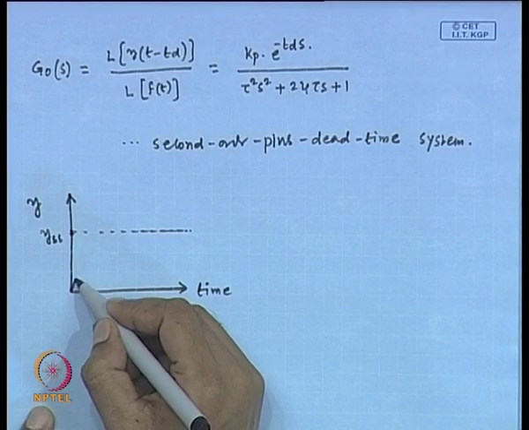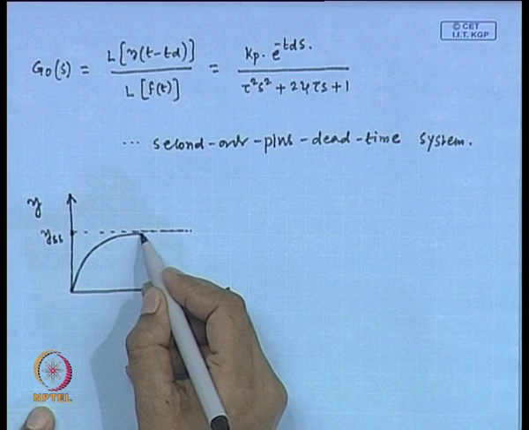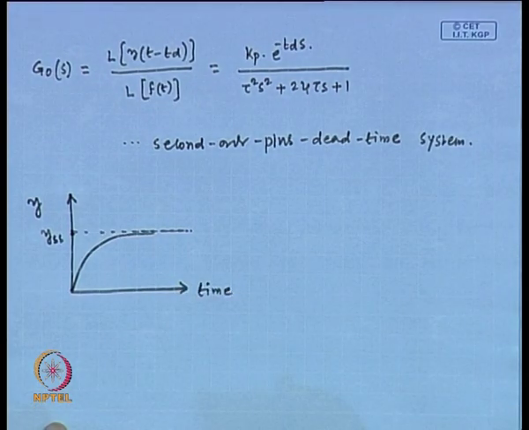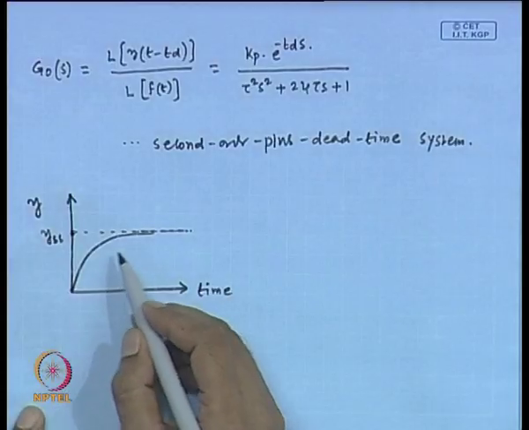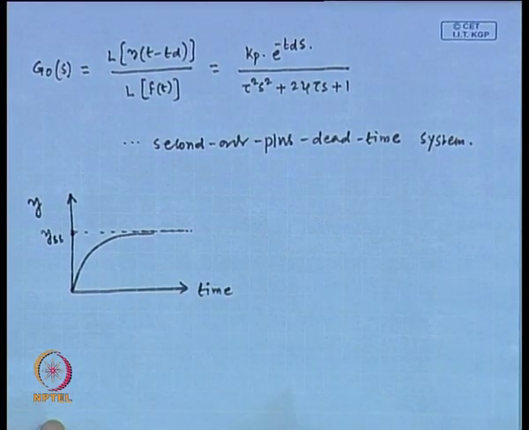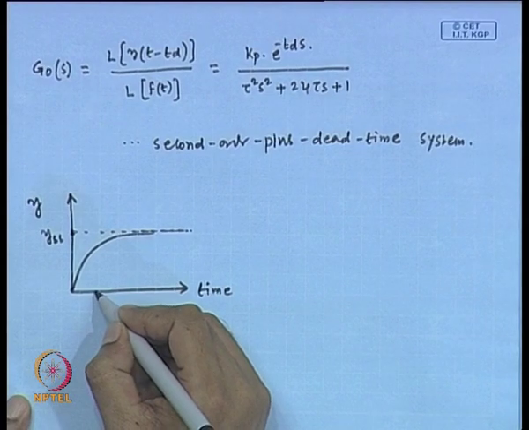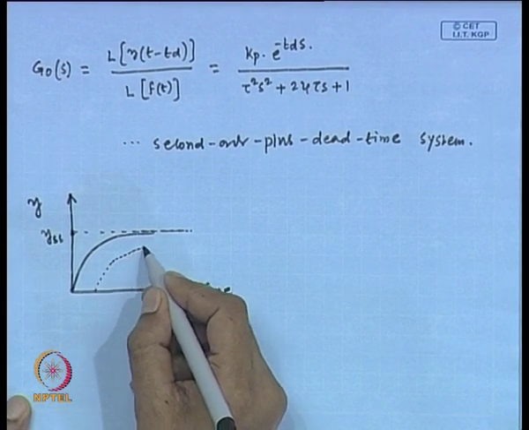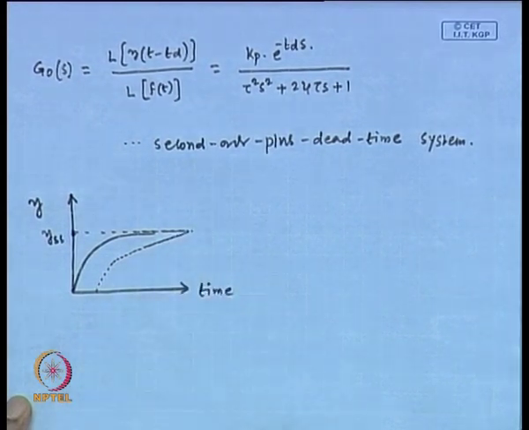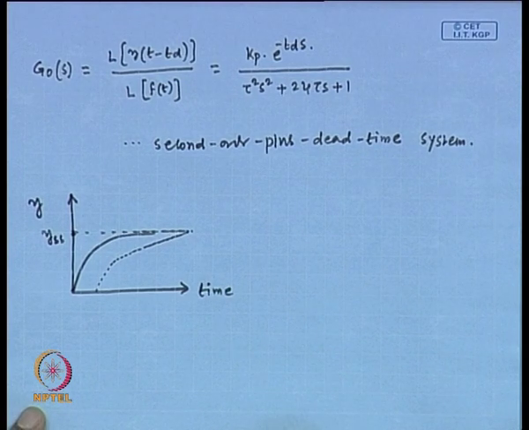Now, if there is no dead time, then the response is like this. If we disregard the dead time, then the response is like this. This is the response of a first order system. And if we consider the dead time, then it becomes like this.